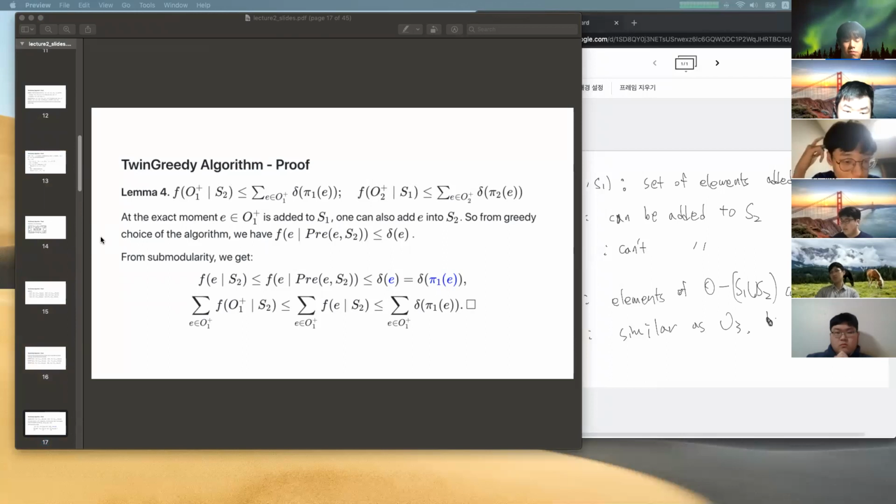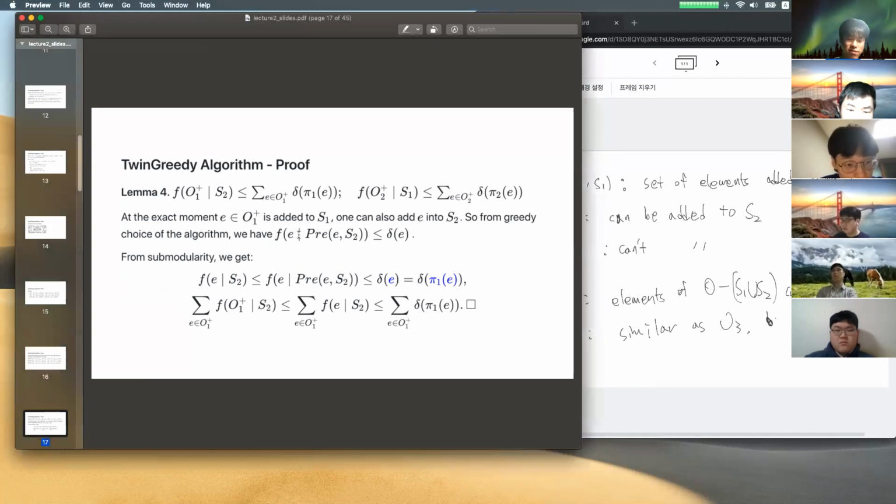At the same time, we can also add E to S2, because pi1 E is E. Since the algorithm chooses additions greedily, we know this holds.